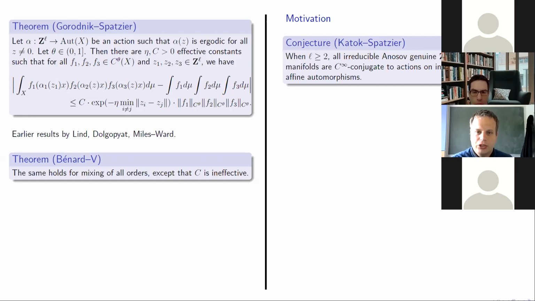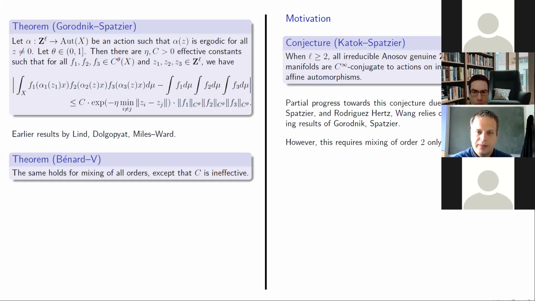And in addition to that, there has been some recent partial progress towards this conjecture, first by Fischer, Kalinin, and Spatzier, and then later by Rodriguez Hertz and Wang. So this partial progress relies on these quantitative mixing results of Gorodnik and Spatzier that I mentioned above.